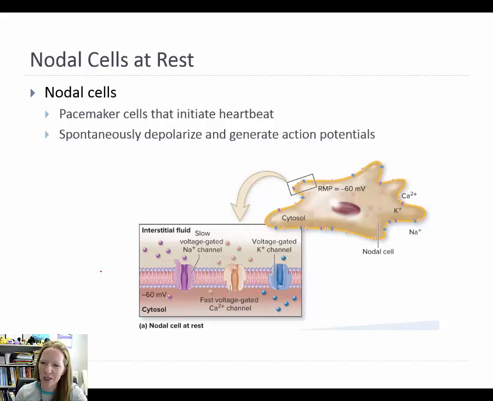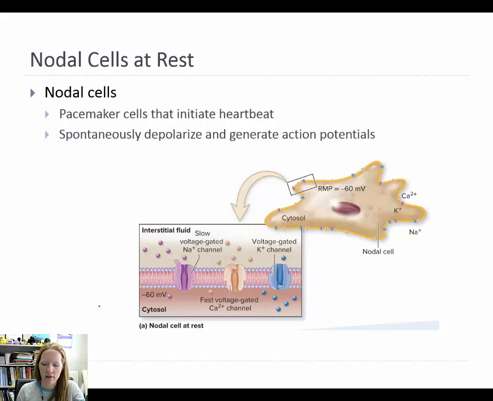Other than that, they are completely different. But they're able to spontaneously depolarize and generate an action potential. So these are the actual pacemaker cells that initiate the heartbeat. And of course, these are found in the SA node. We'll talk about how you have them all throughout the conduction system.